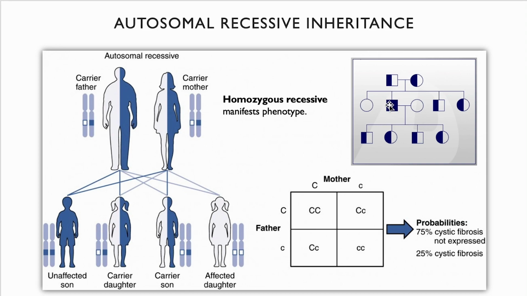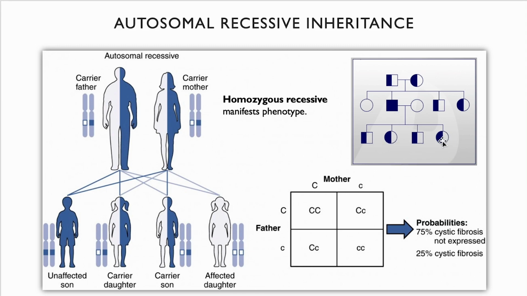Now, what happens with this person? This person has kids with another that doesn't have any mutation. It's a smart decision. They are going to have 4 kids, and notice that all the kids are carriers because this parent has 2 alleles, so all their kids will inherit a mutated allele.